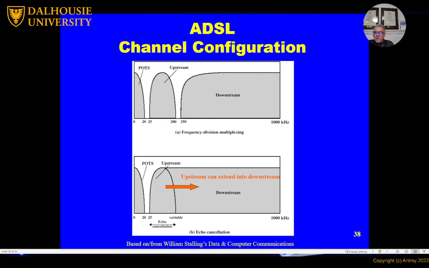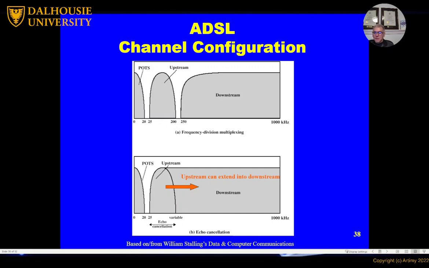So the basic idea is that when you send information, the signal can come back to you, right? So it reflects. Because you know what you sent, you can subtract the reflection. You take the reflection and you subtract what you sent, so you get only the downstream information without the overlap of the upstream, right?